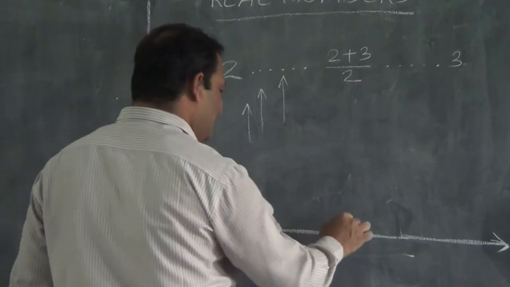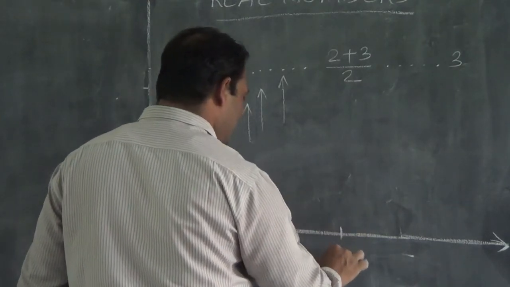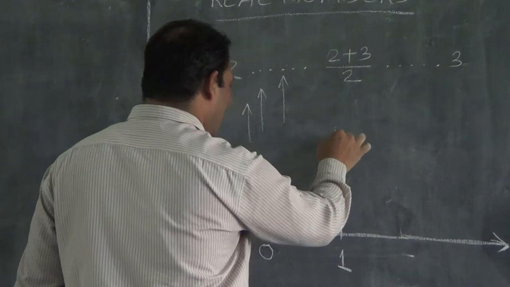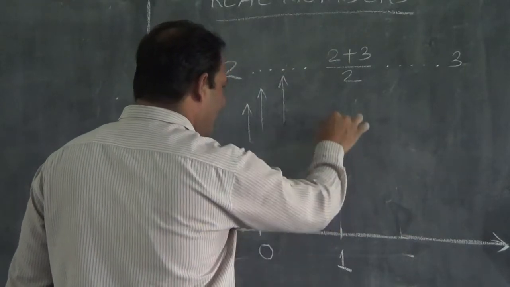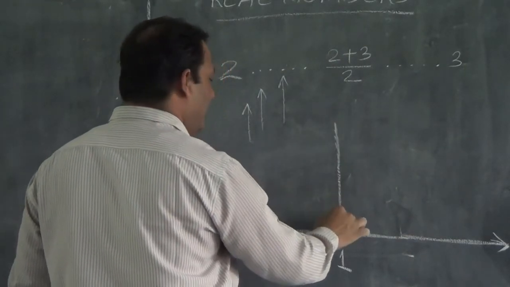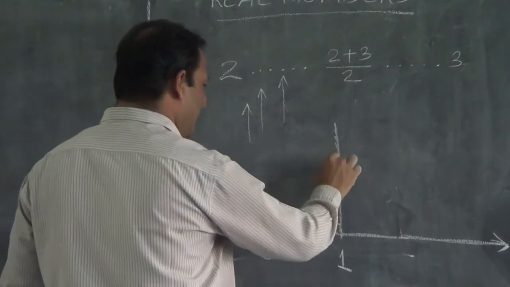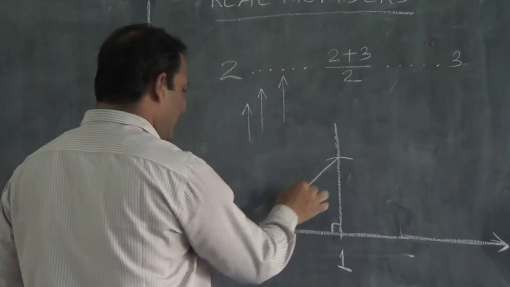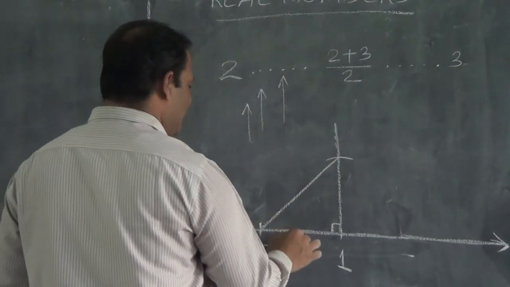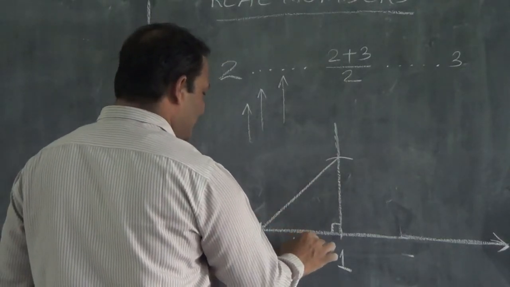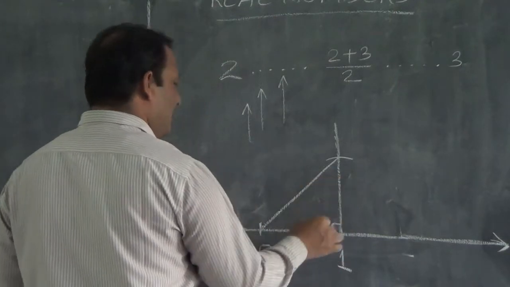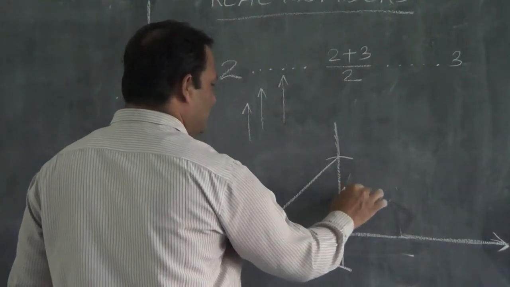I had told you this is 0 and this is 1. Then at 1 we have to draw a perpendicular, 90 degrees. And this distance, 1 unit, you will cut an arc and join here. So this is 1 unit, children, and this is also 1 unit.